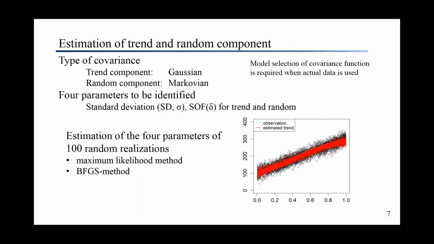I prepared 100 random realizations. The dotted black lines indicate the 100 random realizations. And we wanted to estimate these 4 parameters by the maximum likelihood method. So this is a 4-dimensional optimization problem, and I used the BFGS method for the optimization.